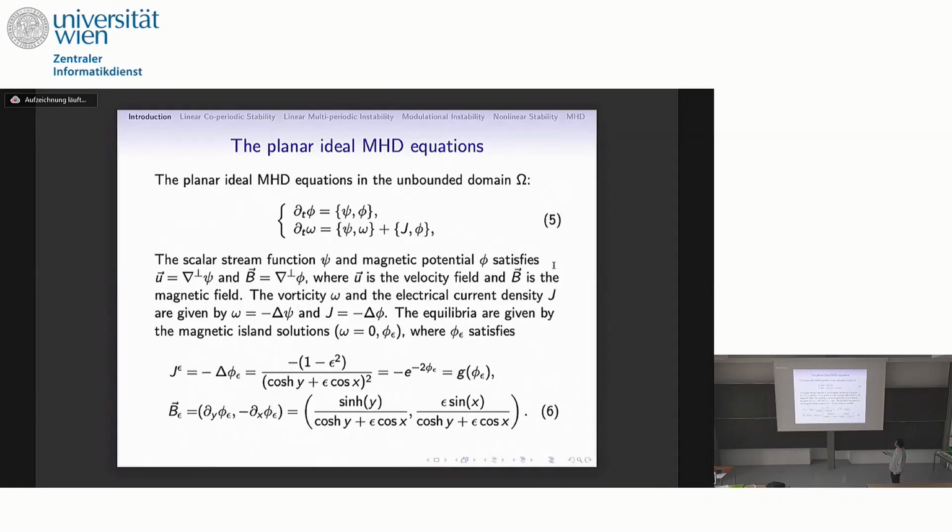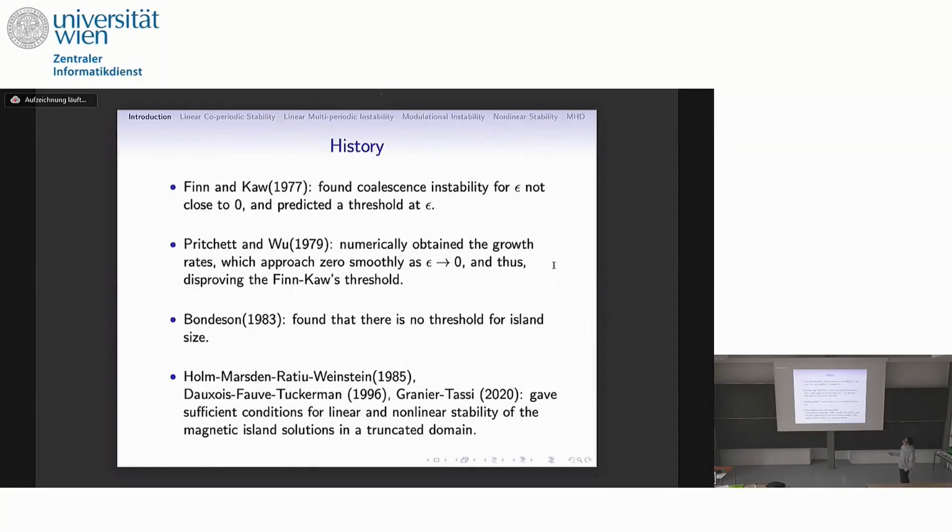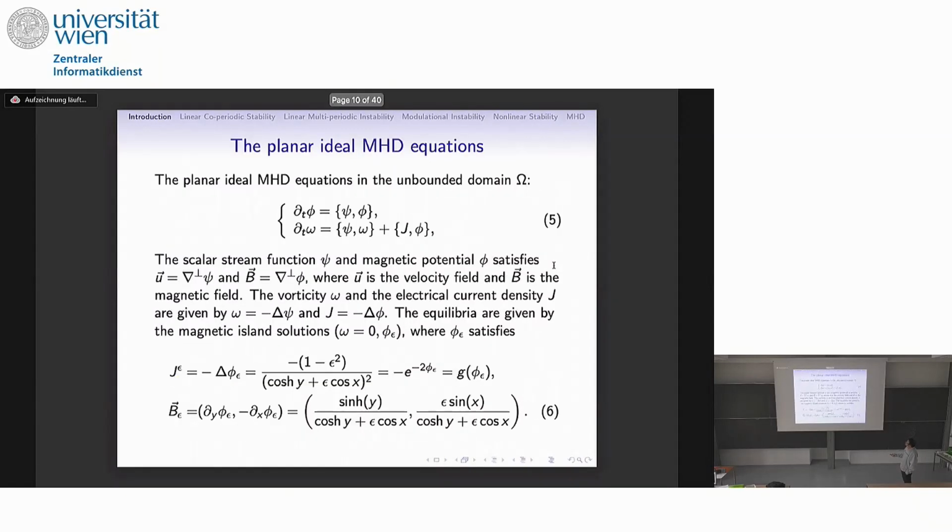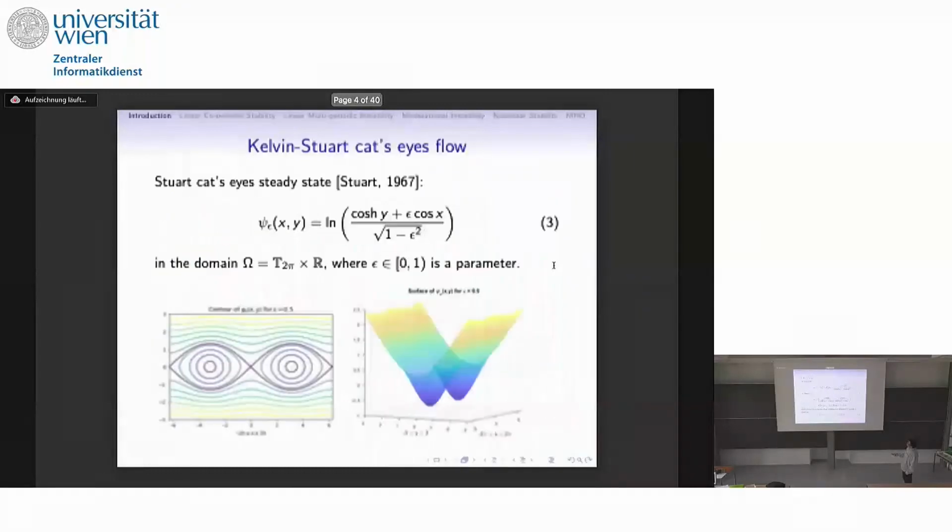Okay, and in this setting, a very interesting phenomenon is called coalescence instability. In other words, if you still look at this picture, but now think of this as the magnetic islands. If you have 2 islands, they have the instability.